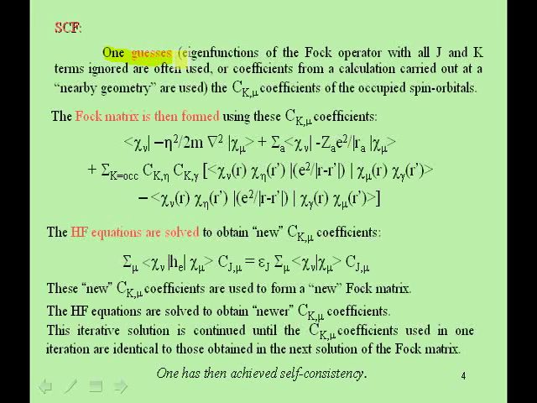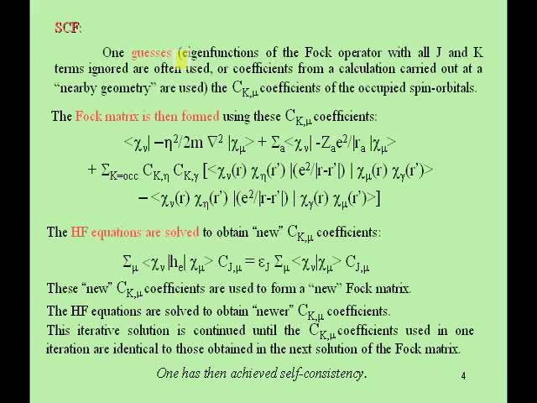So typically what you do in an SCF process is you guess some values for these MO coefficients, these LCAO-MO coefficients. Now most computer programs have default ways of making these guesses. So let me just talk about that a little bit.